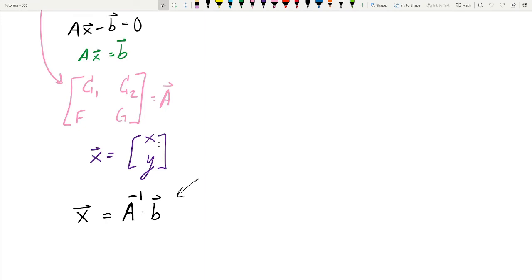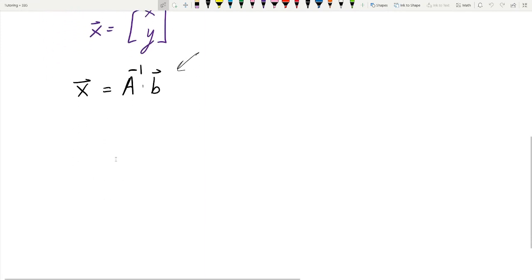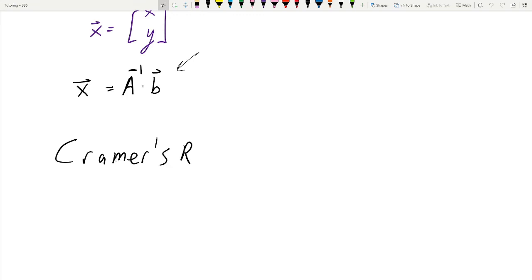There are also other related methods you could use on a test if, let's say, your professor didn't want you to use even a calculator that supported this kind of stuff. You could just use Cramer's rule if you remember that from your math class, though admittedly I have never had to use Cramer's rule on a test. But it is a thing to be aware of if you want.